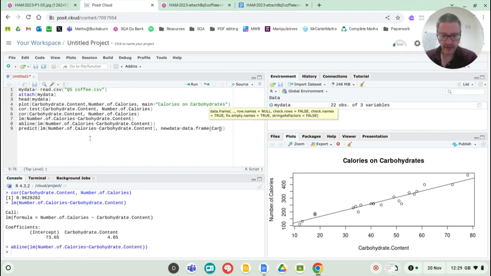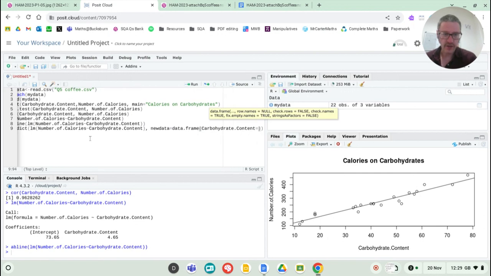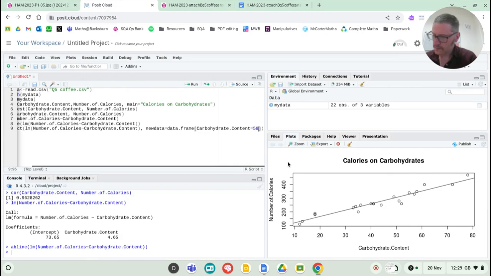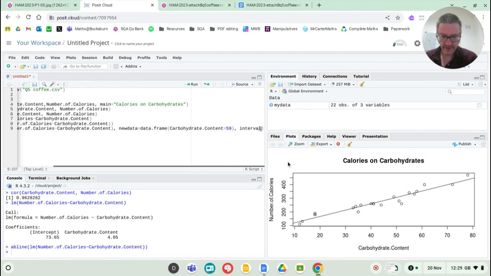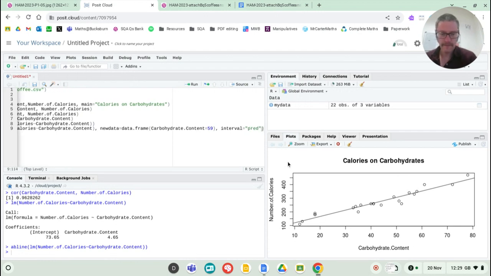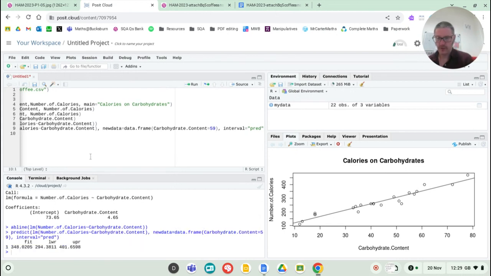We want the carbohydrate content to equal, double check, I think it was 59. Yep, 59. And that is inside a set of brackets, comma, interval equals pred. And run that line of code.